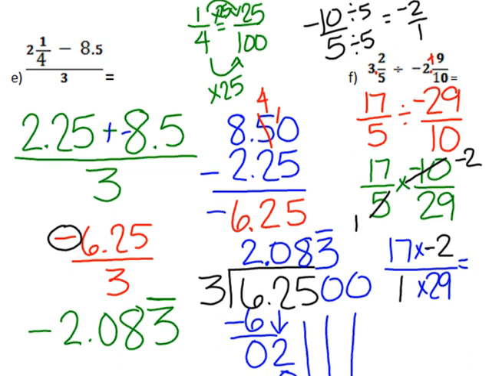Okay, now we'll multiply that. 17 times negative 2 is negative 34/29. Okay, 29 goes into 34 once with 5 left over. And I'm going to keep that number negative.